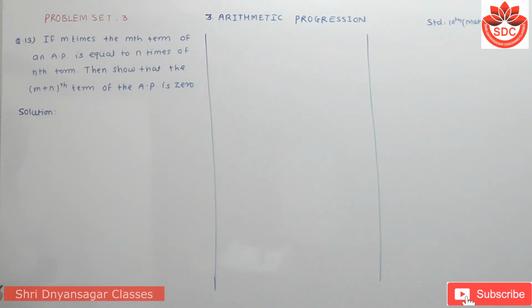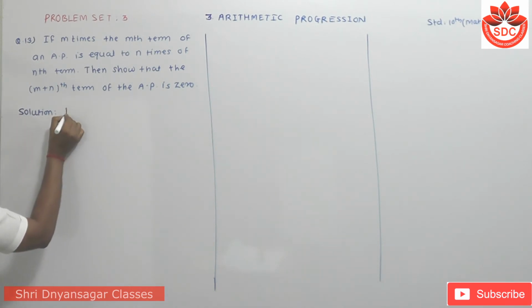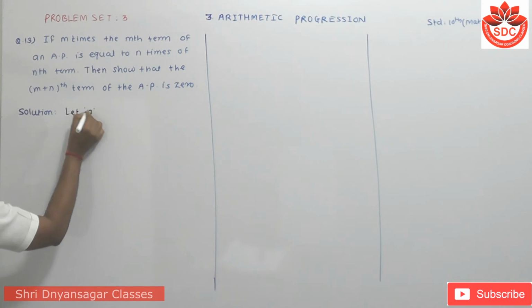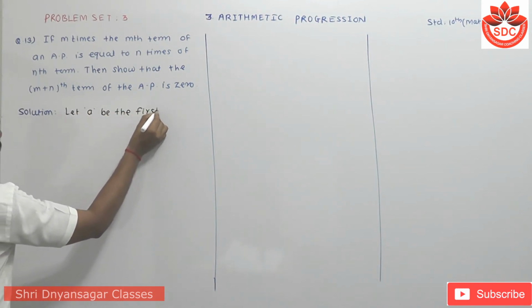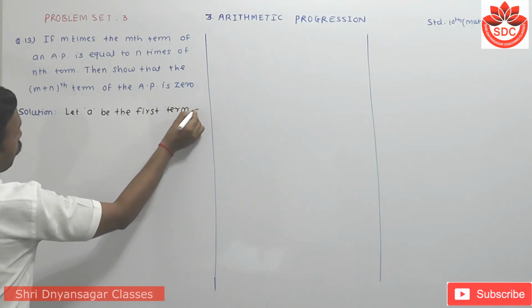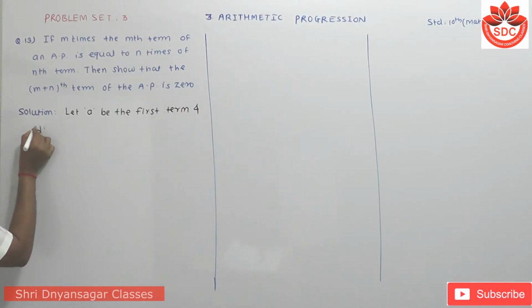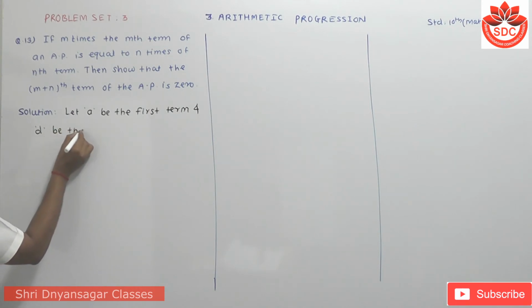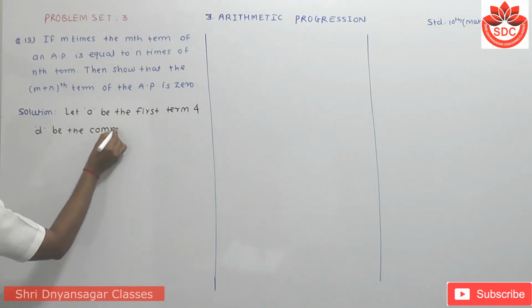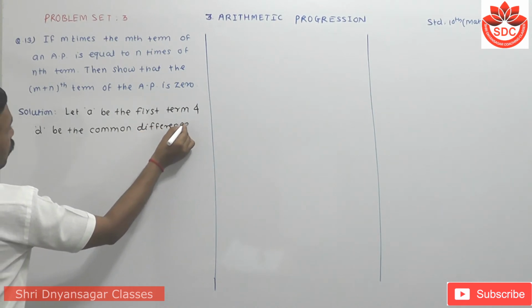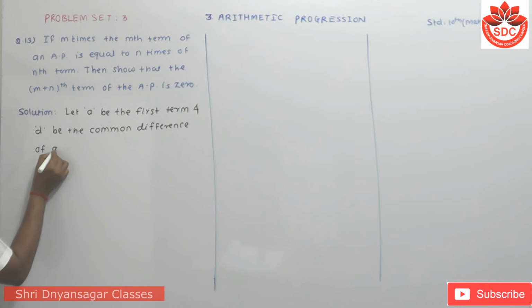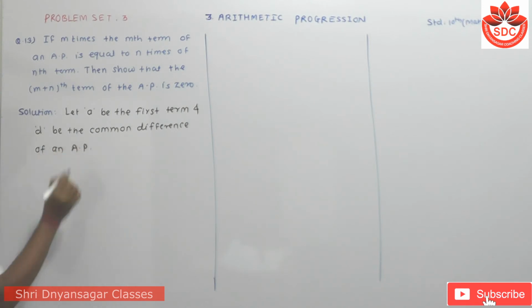now here we take a as the first term and d as the common difference. Let a be the first term and d be the common difference of an AP.